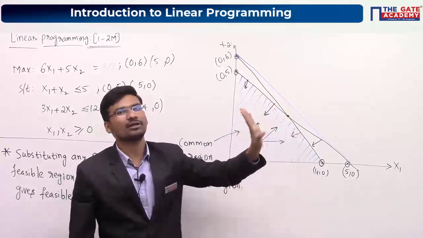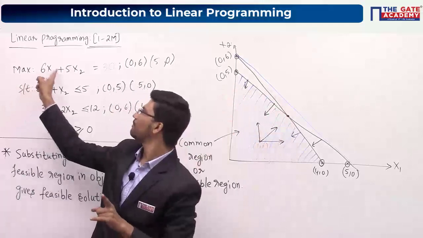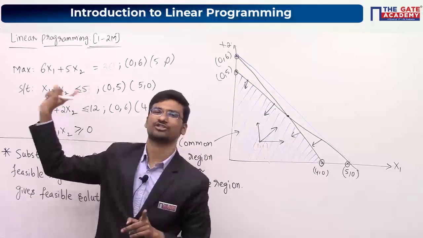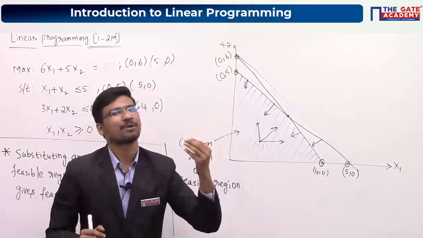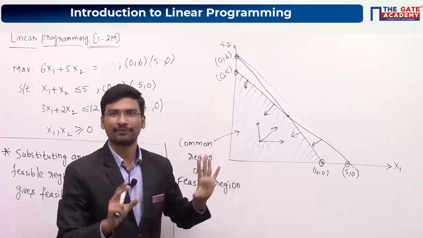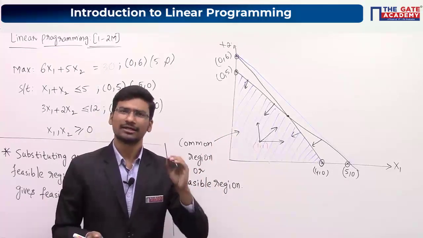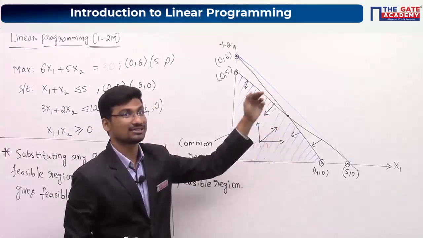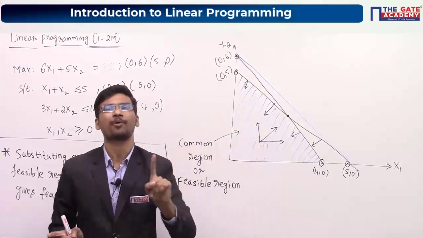Now this will be your optimal point. That means at this particular point you will get the maximum value for this function. Okay. Now you can take any shape of the polygon. So linear shapes I am talking about, okay, not non-linear shapes. You can take any shape of the polygon. Definitely whenever this particular z or objective function line is moving, it touches corner points only.